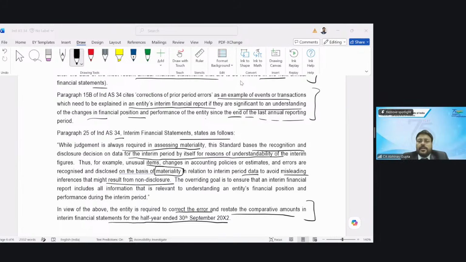Okay, tell me, just summarize the key learnings from today's Ind AS 34 discussion, because Ind AS 34 is a very unique and crucial standard. Sometimes we think that this is not a very important standard, but from the examination standpoint, Ind AS 34 is very important because it requires you to make the recognition and measurement for the quarter itself, rather than assuming it would be spread over the year.